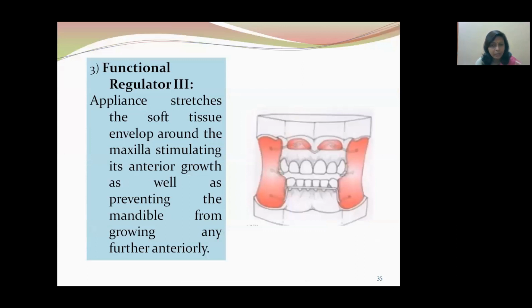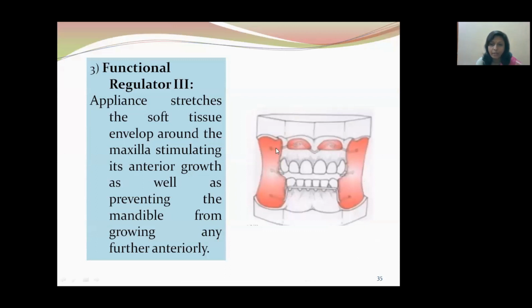Function regulator can also be used to intercept the developing class 3. The appliance stretches the soft tissue envelope around the maxilla, stimulating its anterior growth, as well as preventing the mandible from growing any further anteriorly.